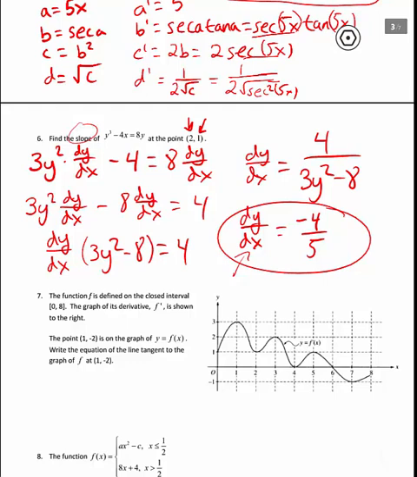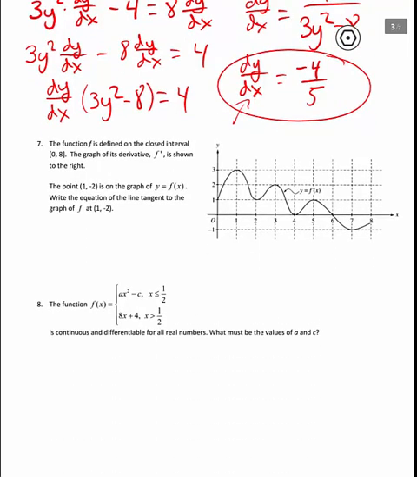Okay, next question. This is important, that it says it's the graph of the derivative. So all of these y values, they're not our f of x, they're our f prime of x. They're already the slope. So that's important to know. So if we look here, it means that the slope of the graph at x equals 2 is equal to 1.